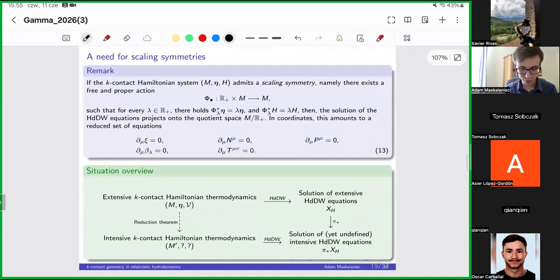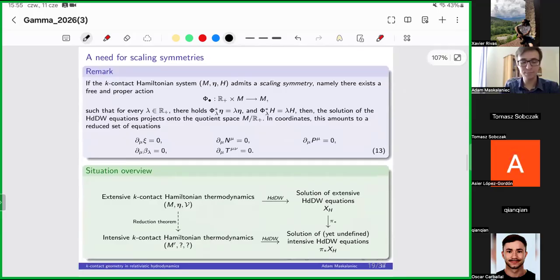However, as I told you before, we managed to apply our k-contact formalism, but paying a cost of introduction of those so-called extensive variables. So now we would like to add a so-called scaling symmetry.